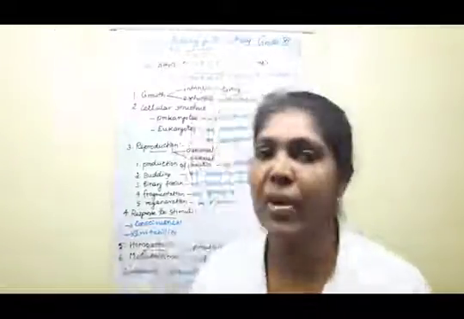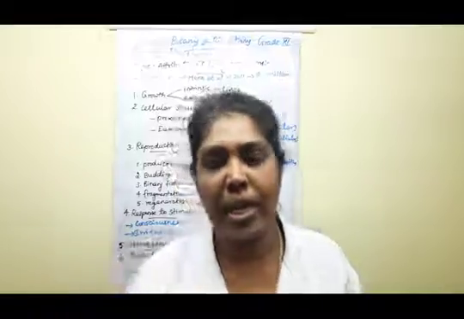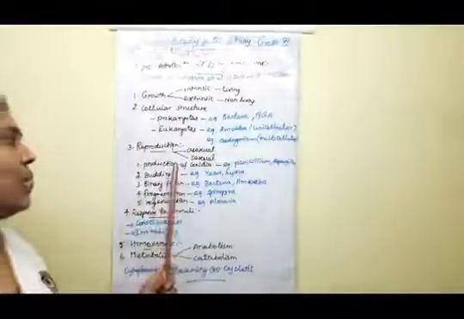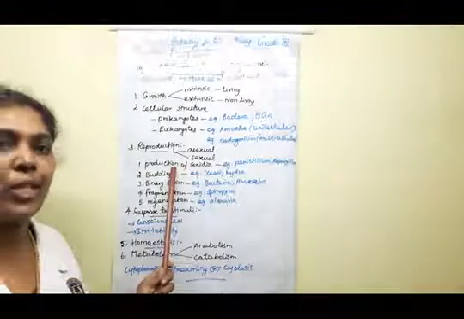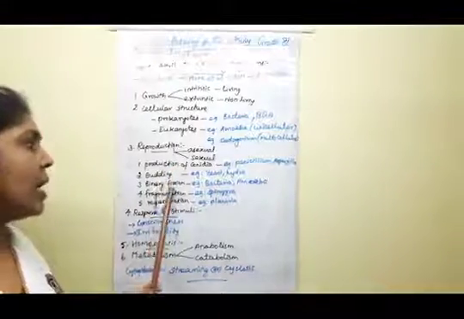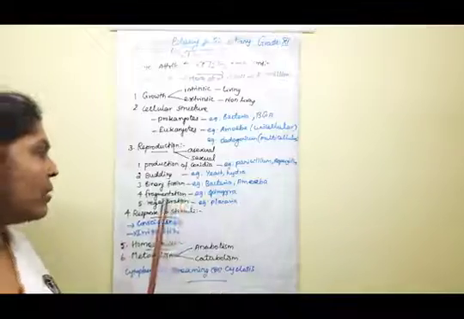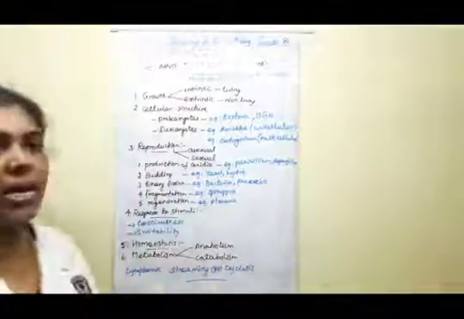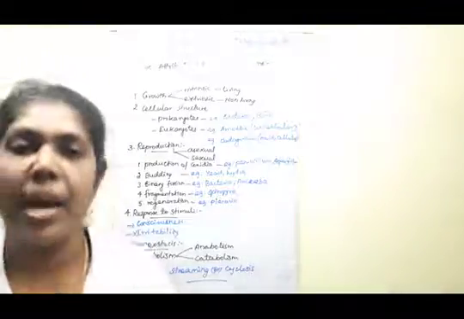If you look at asexual reproduction, there are many different methods, children. There is production of conidia, budding, binary fission, fragmentation and regeneration. Okay. First one, production of conidia.